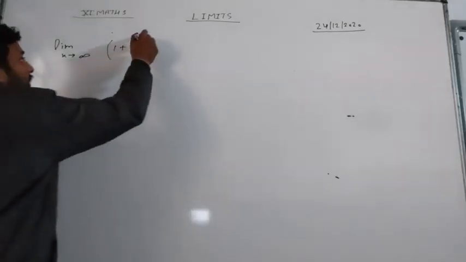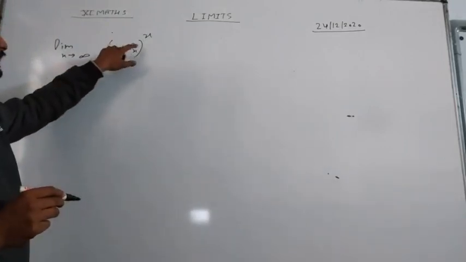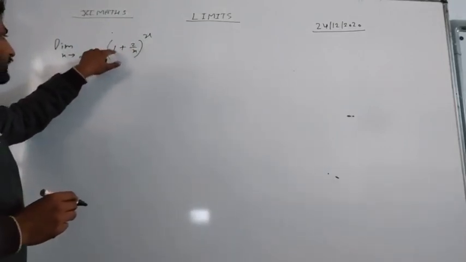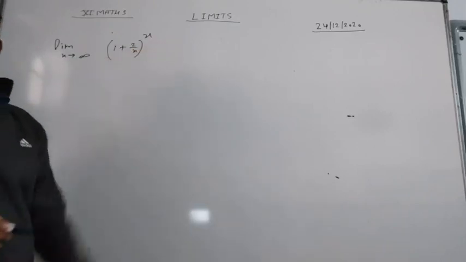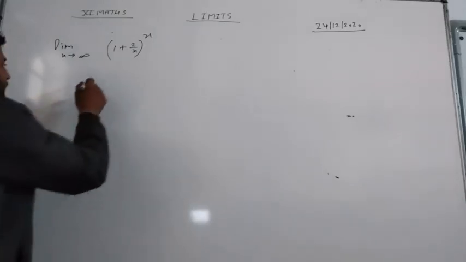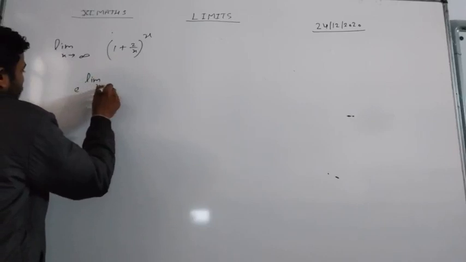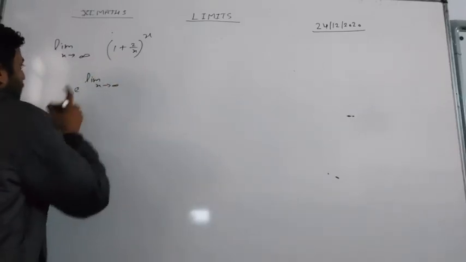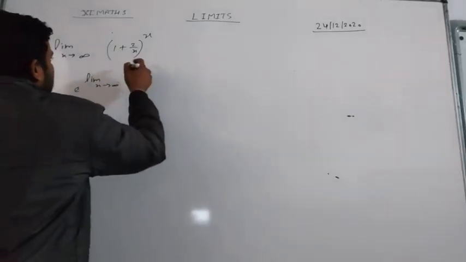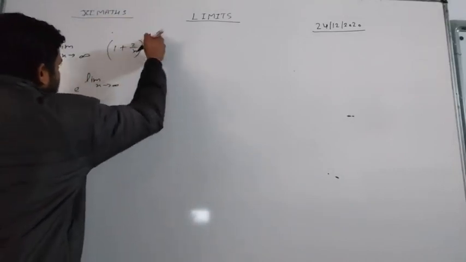x. Okay, students, if we put the limit infinity here, we get this term as 0 and this is of the type 1 to the power infinity. So students, in such type of question, how will we solve it? We write limit x tends to infinity and e to the power, and this is our f(x) and this is g(x).